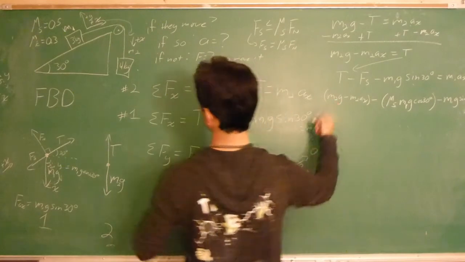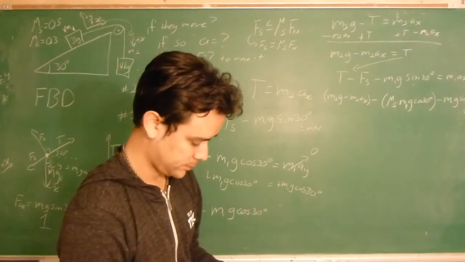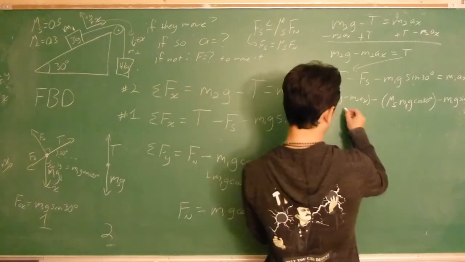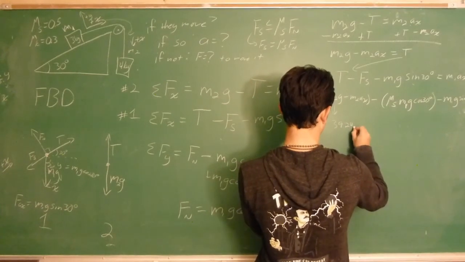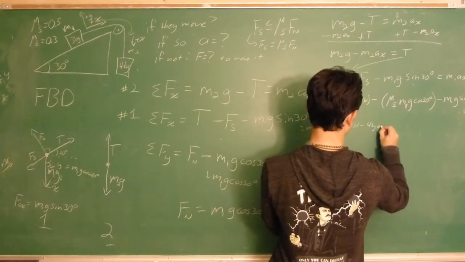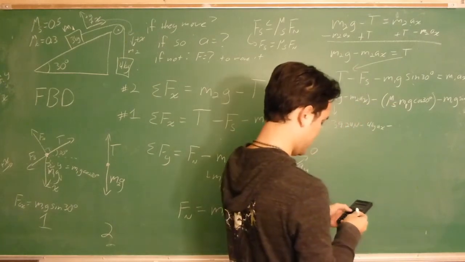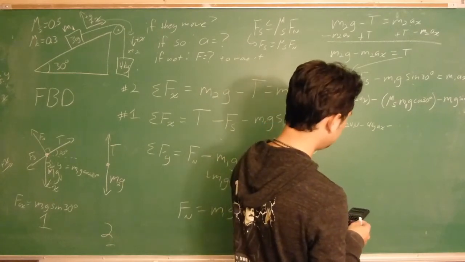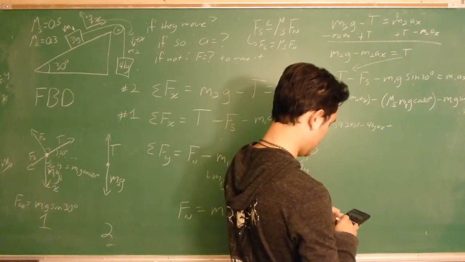So, I've got mass 2, well mass 2 is 4 kilograms, times 9.81 meters per second squared. I end up with 39.24 newtons minus 4 kilograms times my acceleration in the x minus, we're going to evaluate this. Now I need cosine of 30 times g, 9.81.